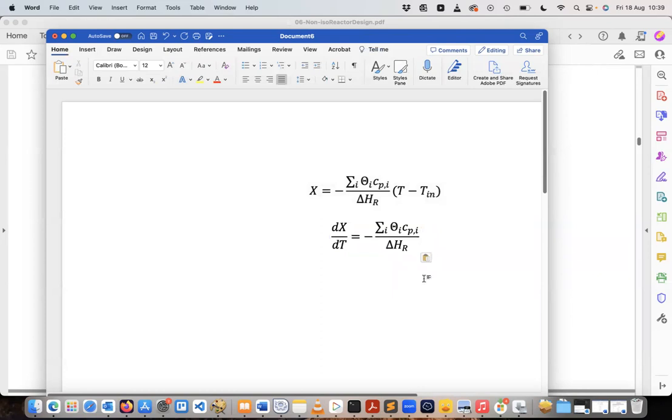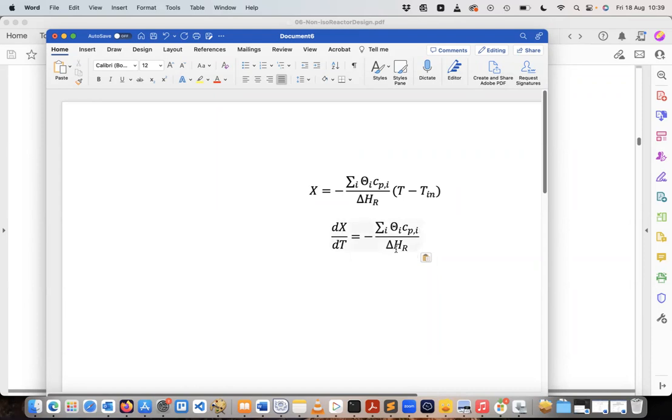Okay. So now we are asking, can we change this gradient? Looking at this gradient now, what do we have control over in this? Do we have control over the heat of reaction? No, that's given to us by nature.